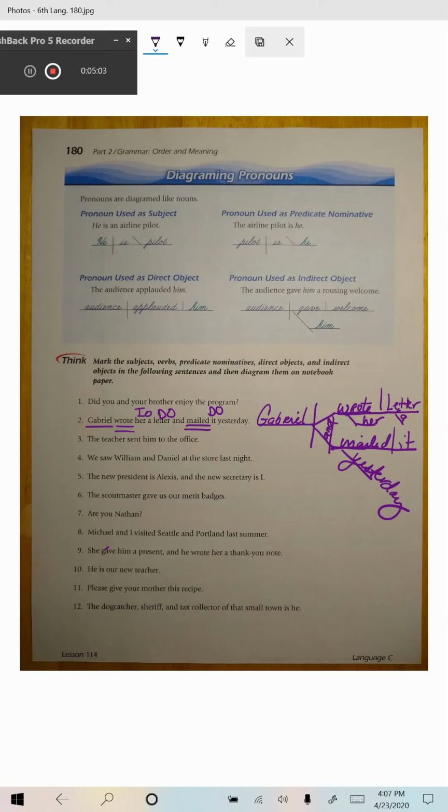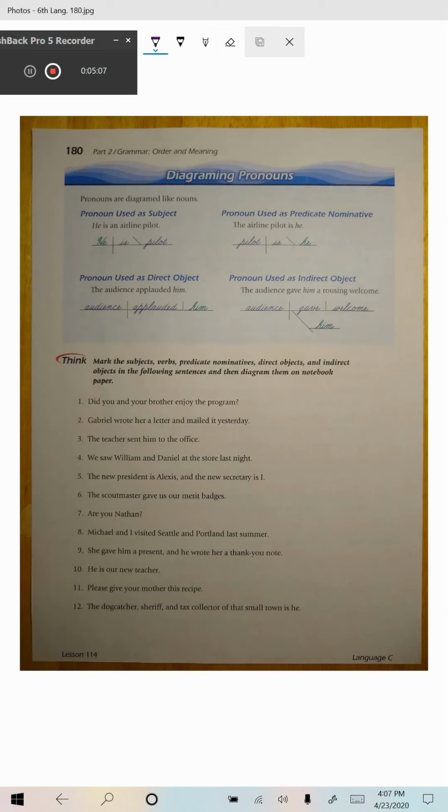All right, let's look at number 3. The teacher sent him to the office. Okay, to the office. What's that? Prepositional phrase. So teacher sent him, the direct object. All right, so the only thing you have to do on this one is teacher sent him, the direct object.